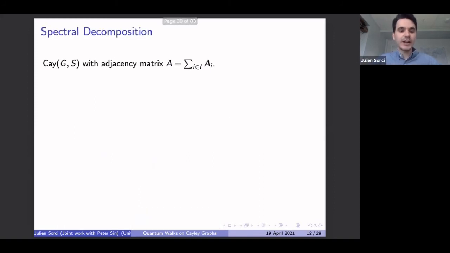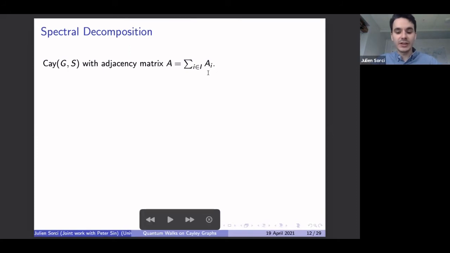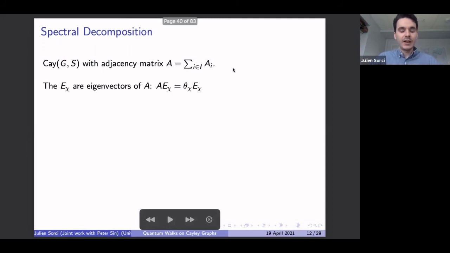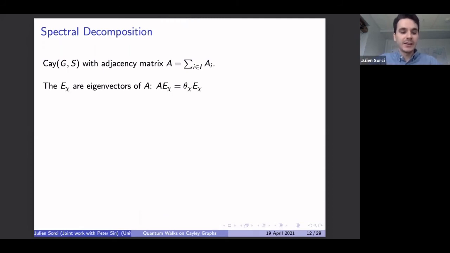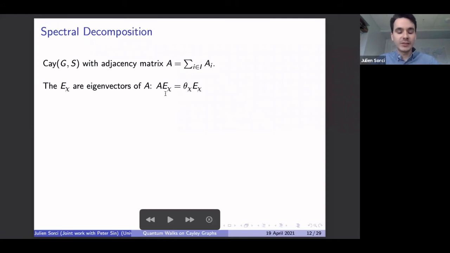But now let's go back to our Cayley graph, whose adjacency matrix is a sum of these A_i's. And let's use these idempotents to our advantage to talk about the spectral decomposition. The first thing to note is that these E sub chi's are actually eigenvectors of the adjacency matrix. What I mean by that is if I take A and multiply by E sub chi, I end up with a multiple of E sub chi back again.